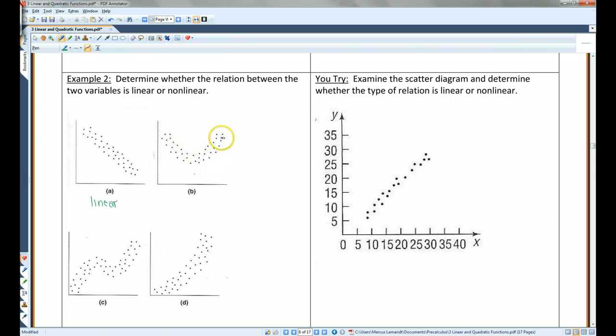This one's more like a parabola, so it's nonlinear. This one has a little squiggle in it, so it's nonlinear. This one's almost linear, but you can kind of tell that it is kind of exponential. So, nonlinear. Okay. You guys can try this one over here.